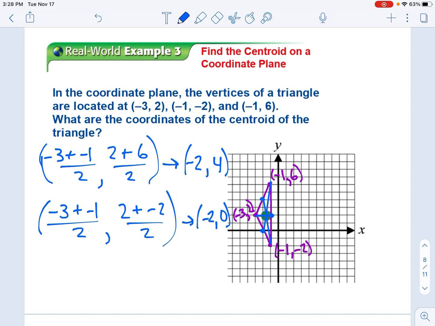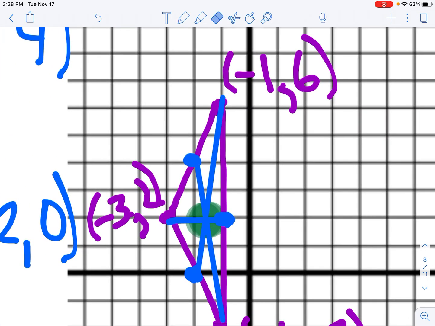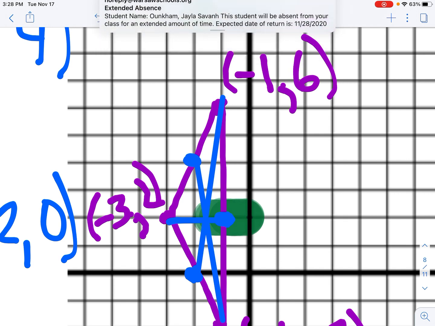So we're going to do something very similar, but this time we're actually trying to find the distance. It's kind of hard to see. We'll zoom in. We're actually trying to find the distance from the axis to this point right here.